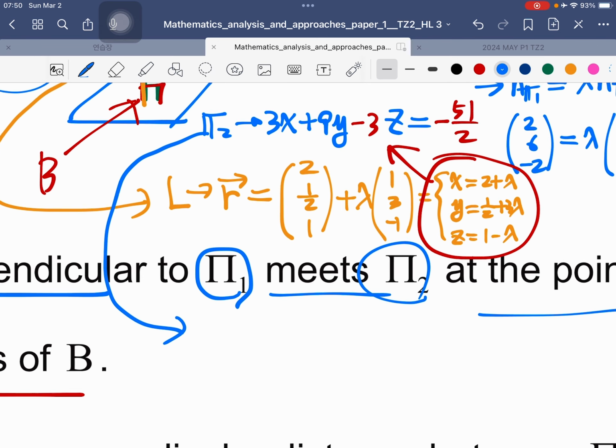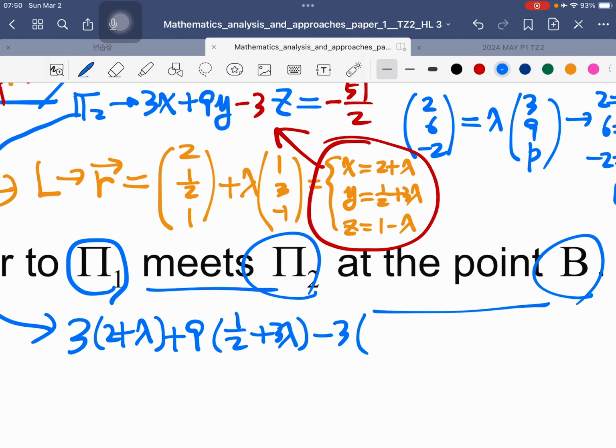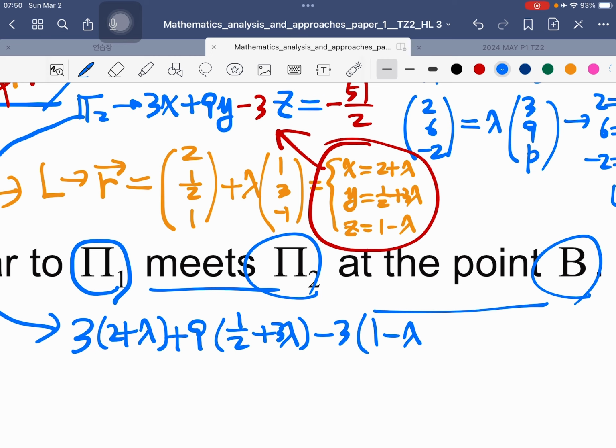So 3 times x, which is 2 plus lambda, plus 9 times the y coordinate, 1/2 plus 3 lambda, minus 3 times the z coordinate, 1 minus lambda, equals -51/2.